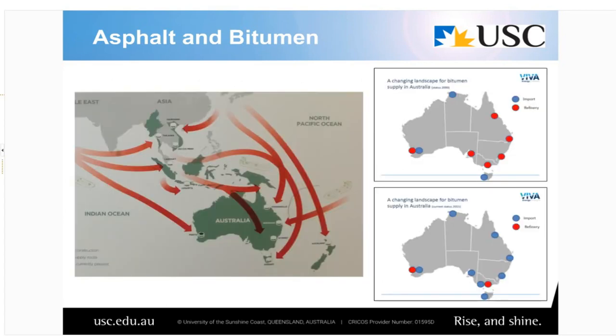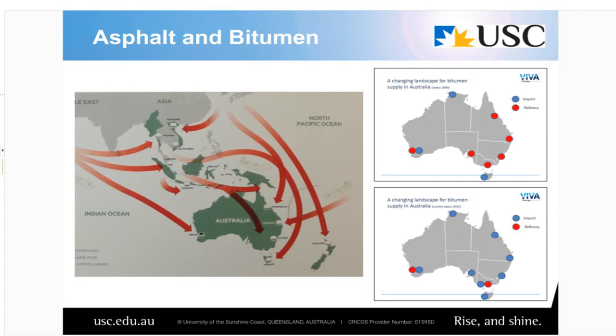Going back to bitumen and importation, these are a couple of images provided by two of our primary bitumen suppliers now in this country. You can see on the right-hand side is our national bitumen importing and refining location.